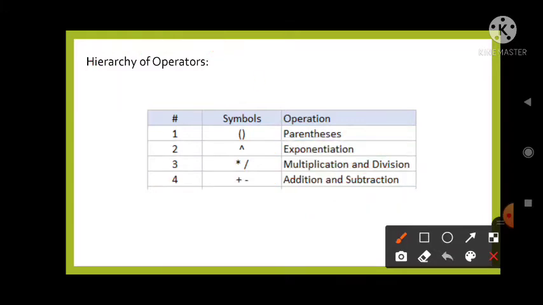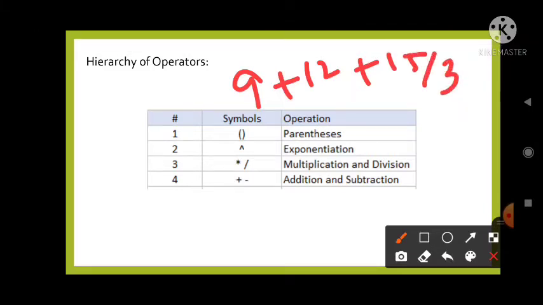Suppose I am writing one formula. Okay, so 9 plus 12 plus 15 by 3. So whose precedence is high? We know here in the formula multiplication is not present, so we know multiplication and division have the same precedence.